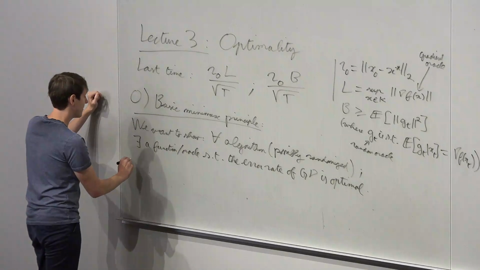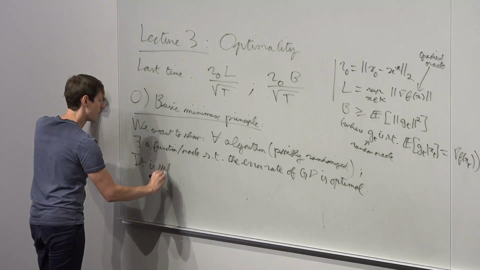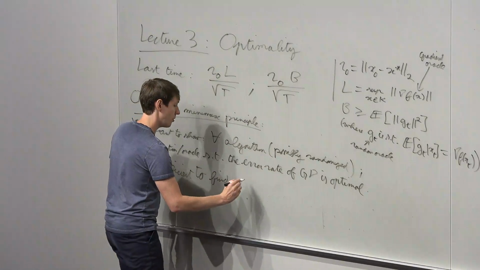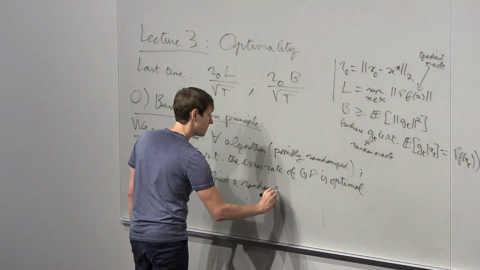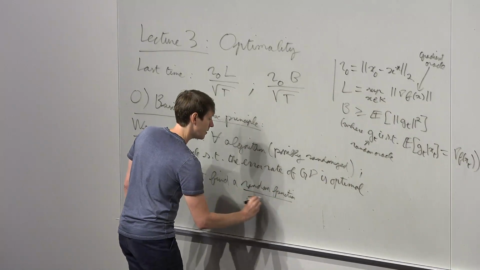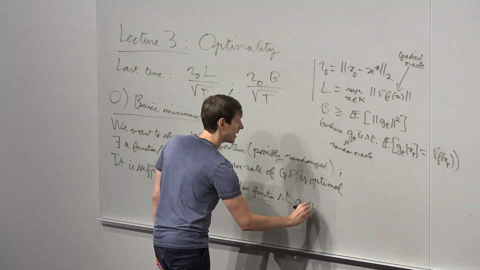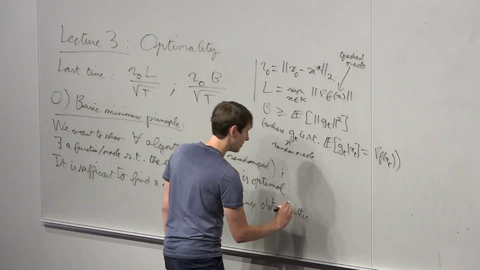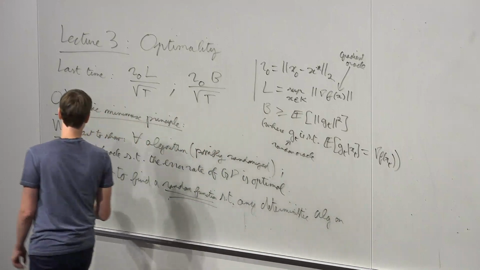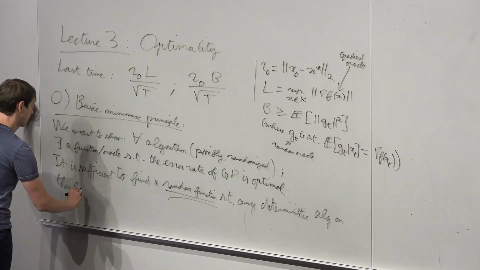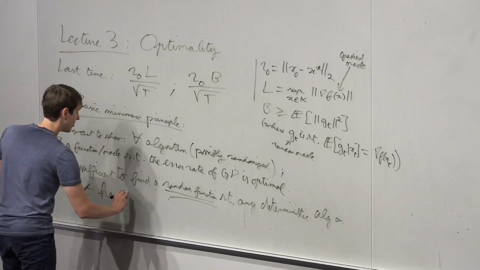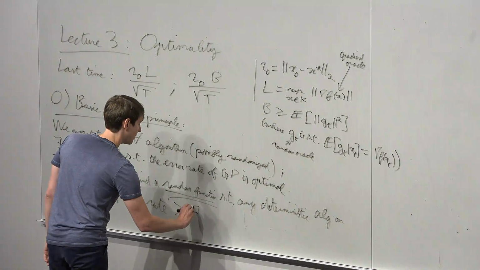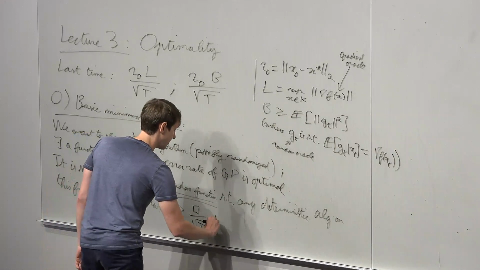What I'm going to say is that it is in fact sufficient to find a random function such that any deterministic algorithm on this function has error rate bigger than whatever the numerator is over square root t, in expectation.